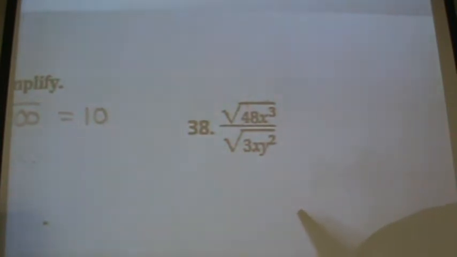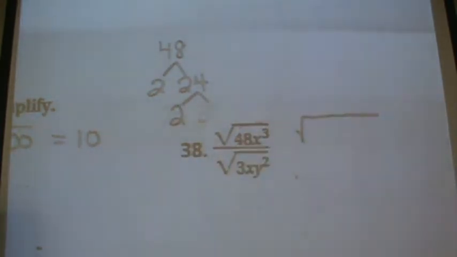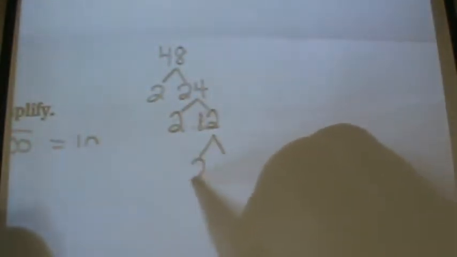Well, first of all, 48, let's break 48 up. Here's 48. What times what is 48? It's even. 2 times 24, and this is 3 times 8, and 2, 2, 2. So what we have here is 8 is 2, 2, 2. And now if you want to keep doing 2's, a lot of people will do that. 2 times what is 24? 12, and then 2 times 6, and then 2 times 3.